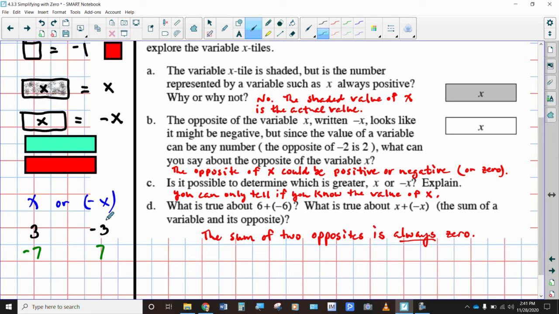So if you're going to add those two together, you're going to get 0 for an answer. If you take and add the -7 and the 7 together, then they would make 0. So no matter what x is, -x will always be its opposite, and when you add those two together, they will always equal 0.